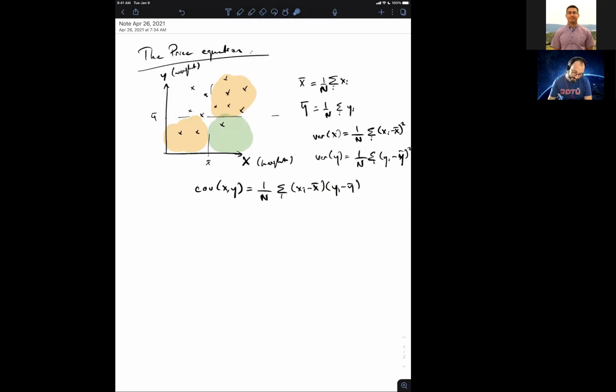And in this region, they're both negative, so the product will be positive. And in these regions, one of them is positive and the other is negative, so the product will be negative.